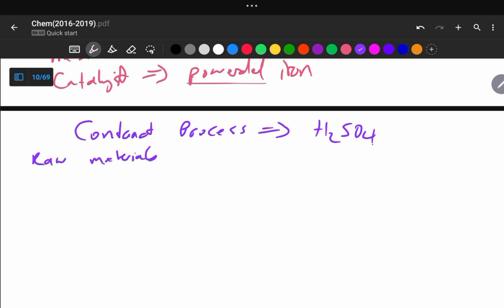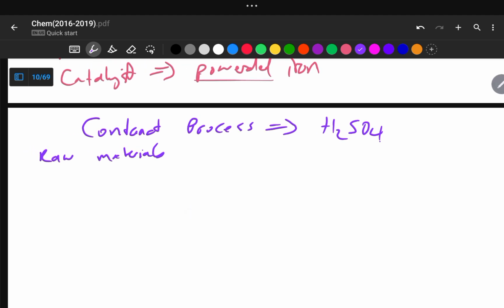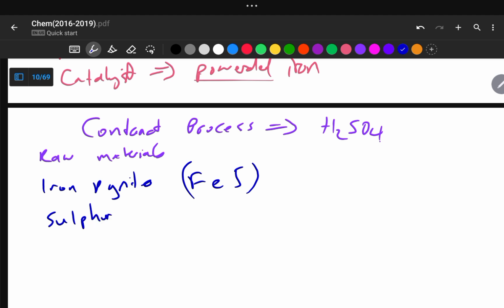for the contact process, we've got iron pyrites, right, with the chemical formula iron sulfide, right? And we also have sulfur, right?